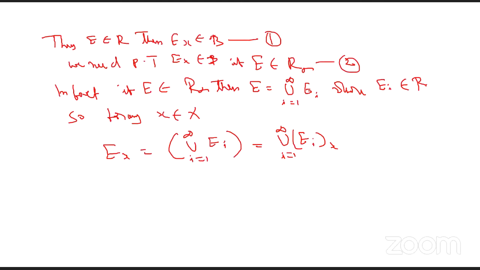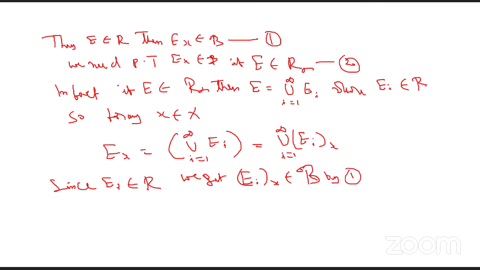Since E_i belongs to R, we get E_i of x belongs to script beta, by equation number 1.